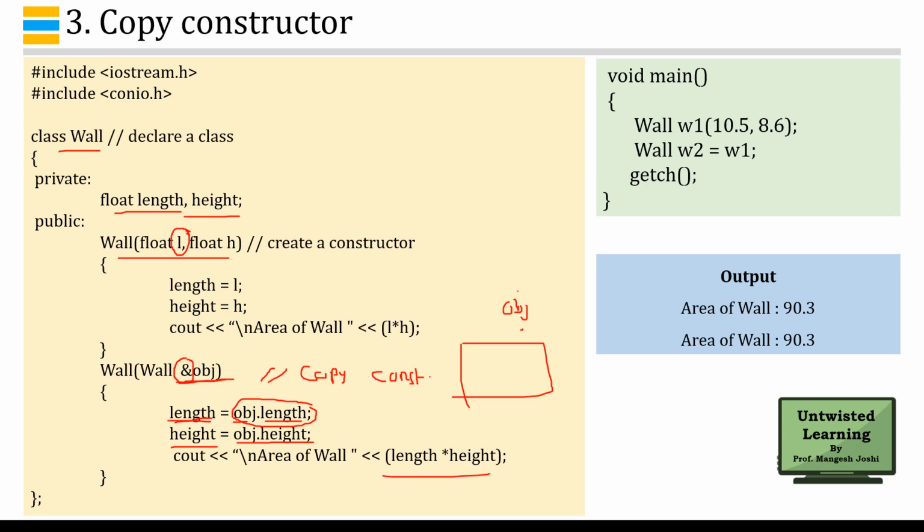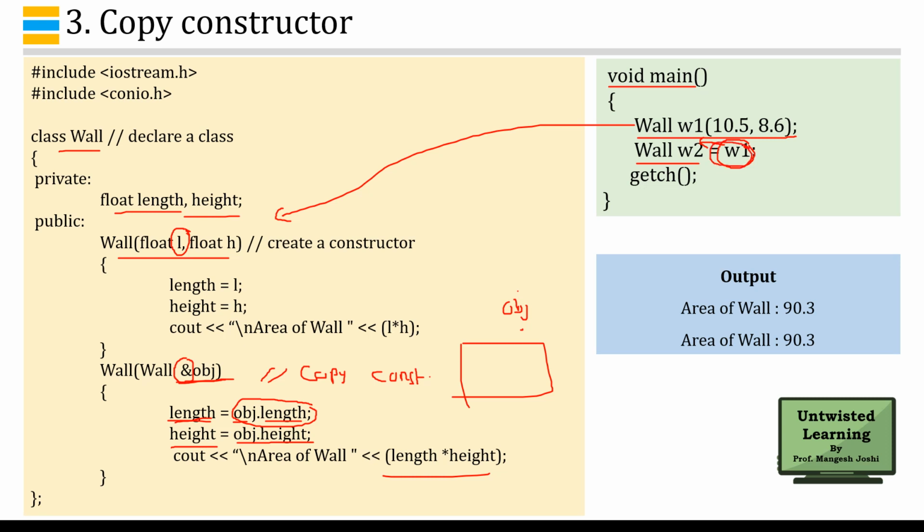Now going to the void main function. Whenever this is executed, your normal parameterized constructor will be called. But as soon as you do something like wall w2 is equal to w1, meaning you want to copy the contents of the w1 object into w2, what will happen?